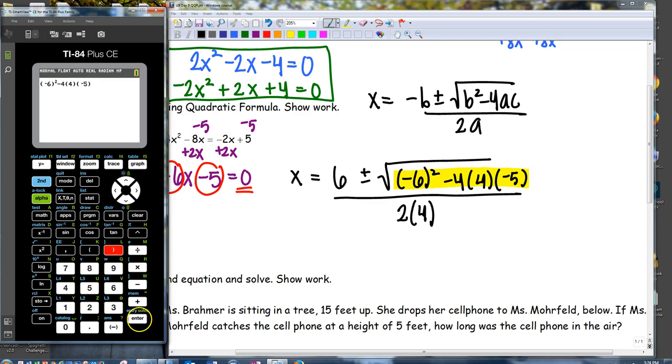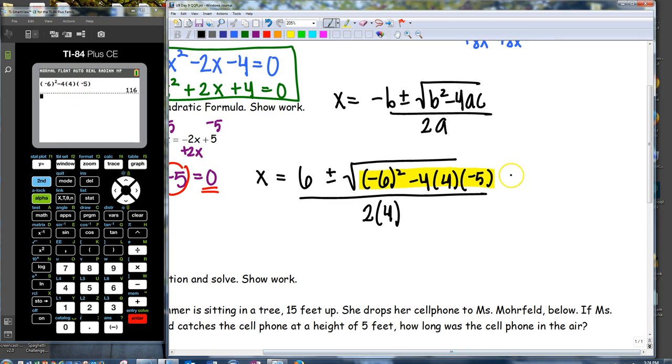And here we go. You should get a discriminant of 116. Okay, if you didn't get this, really check to make sure you typed it in exactly the way I did here.